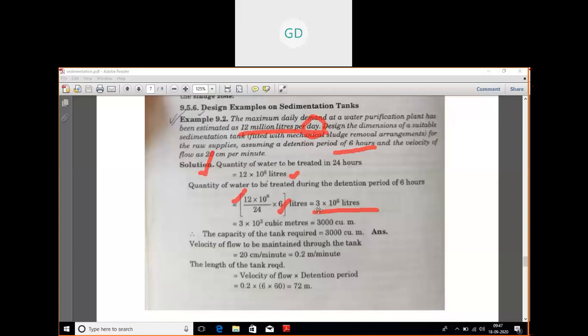We get 3 into 10 to the power 6 liters. If we convert these liters to cubic meter, we get 3000 cubic meter. So the capacity of the tank is 3000 cubic meter.